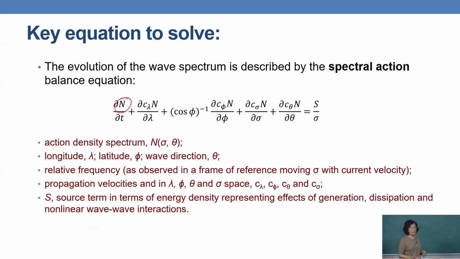It's a balance of the energy. You get energy from the wind, and then you have all the different energy losses, which can be from breaking, from whitecapping, bottom friction, but everything has to be balanced. So that's the key equation.